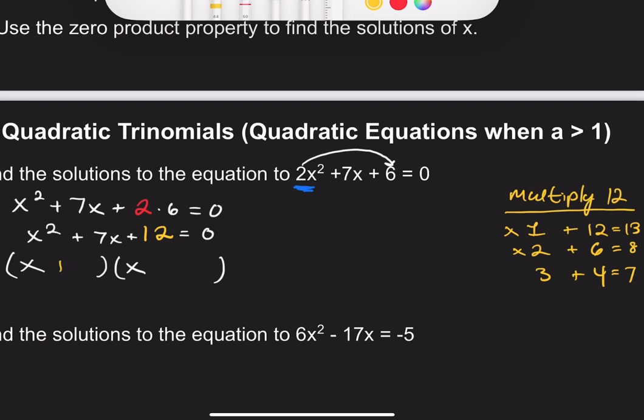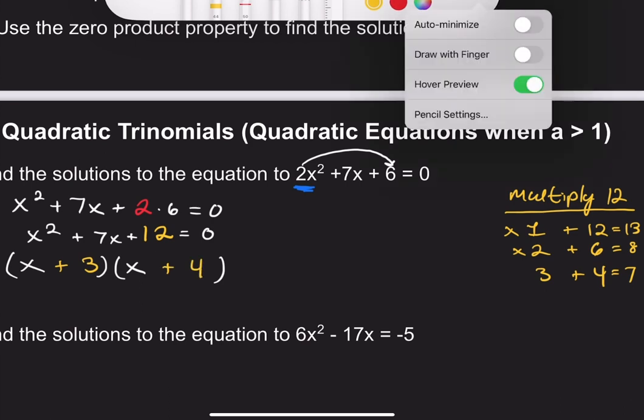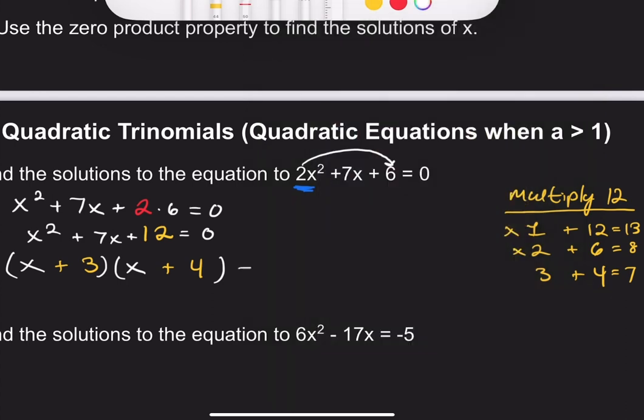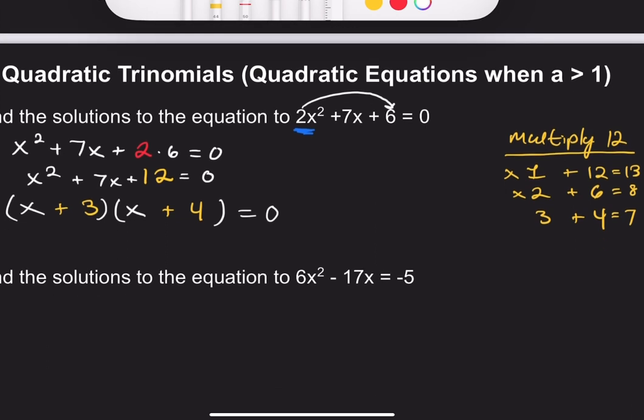So it's x plus 3 times x plus 4. And remember, this is equal to 0. But once again, remember in the beginning how we multiplied 2 to our constant of 6 to get 12.